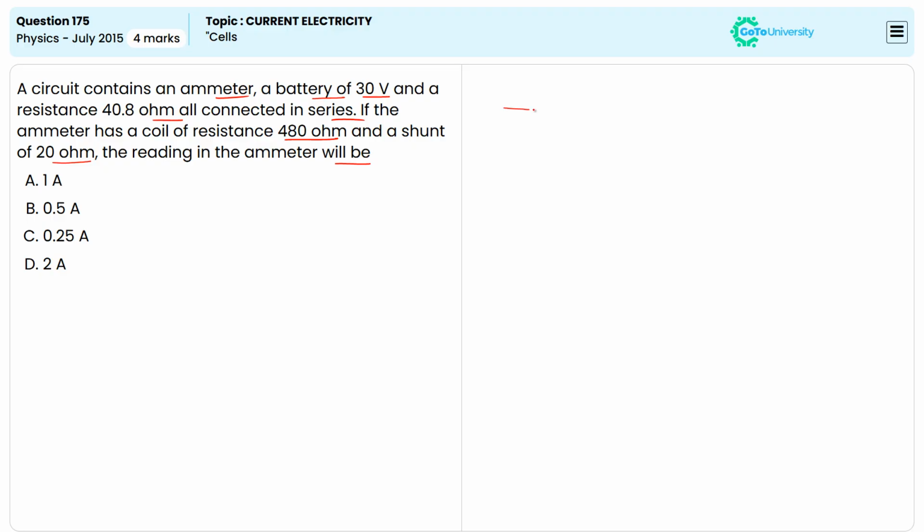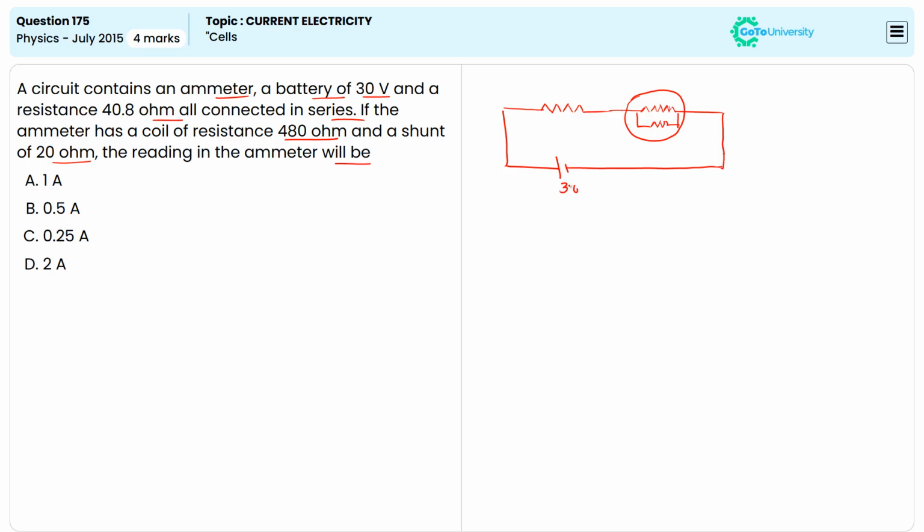This is the circuit. The resistance is connected, and one ammeter is there. In this ammeter, a resistance of 480 ohms is connected, and a shunt is connected like this, and it is connected to the battery of 30 volts.